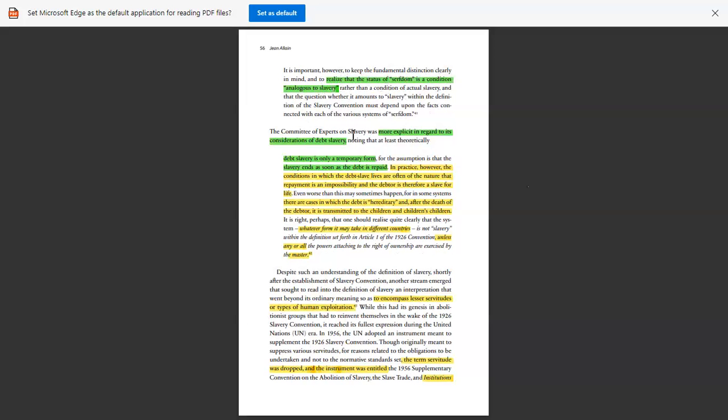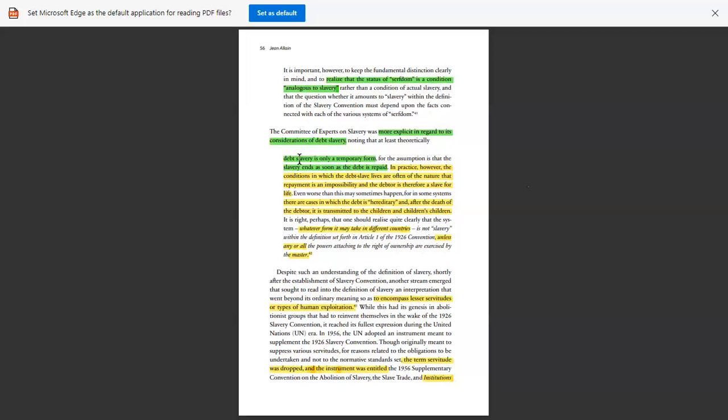So they had a committee of experts on slavery, and more explicitly in regard to its considerations of debt slavery. So debt slavery, like serfdom, is another servitude where somebody doesn't consent or a debt is created. And again, Michigan has held debtor's prison is unconstitutional.